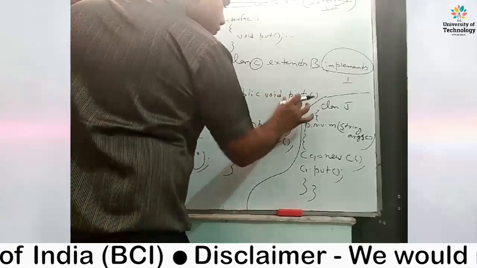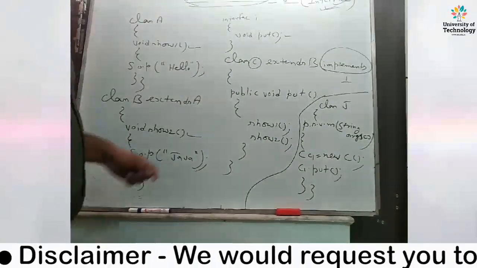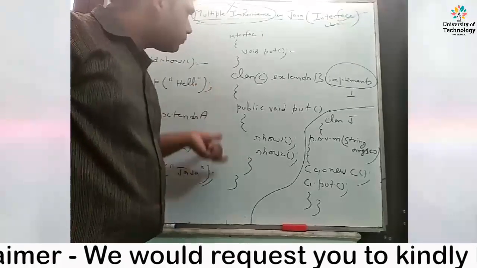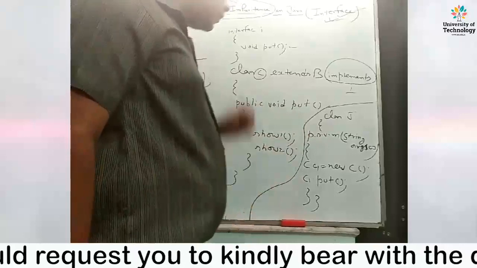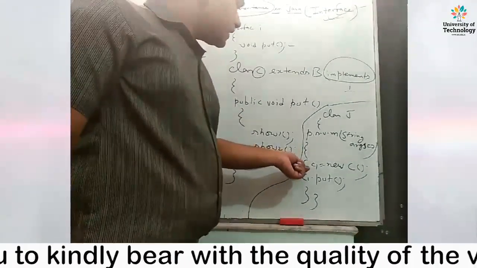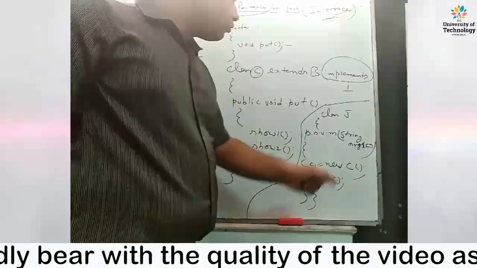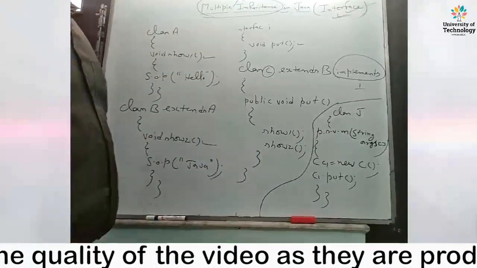Next we will declare this body here. Public void put, show1, show2. We have to close the method and close the class. Next, main class, main method. We created the object of class C, C1 equal to new C, C1 dot put. And we have closed curly braces.